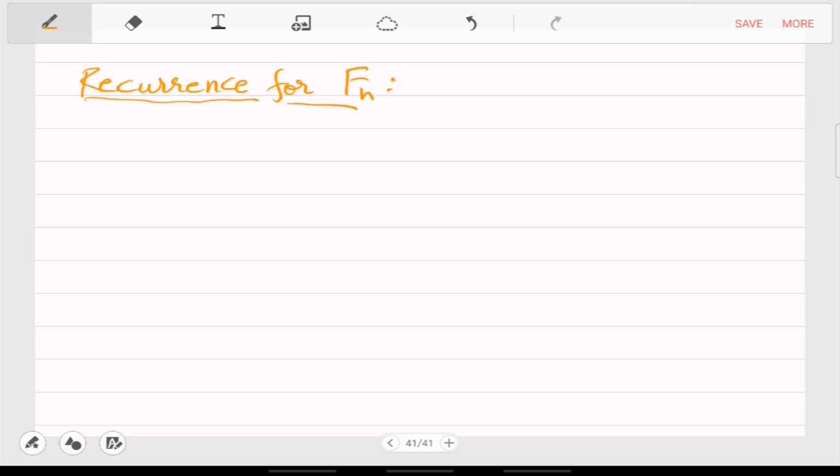You have ending with L or ending with G. So the count when a shlok ends with L, how many shloks are there? That will be Fn minus 1, right?